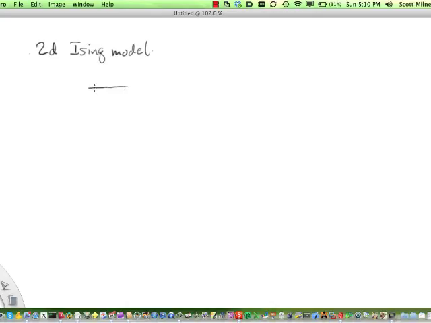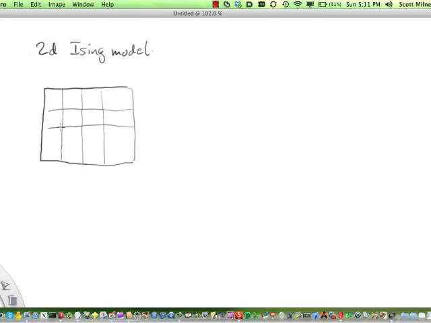Well, it's a very simple model that is meant to be an idealization of magnetic interactions, for example, between neighboring magnetic moments in a crystal, but it also can be thought of as describing the interactions of two species in a binary mixture and many other sorts of circumstances. So this is not a very pretty regular lattice, but let's pretend that this is a nice regular lattice.